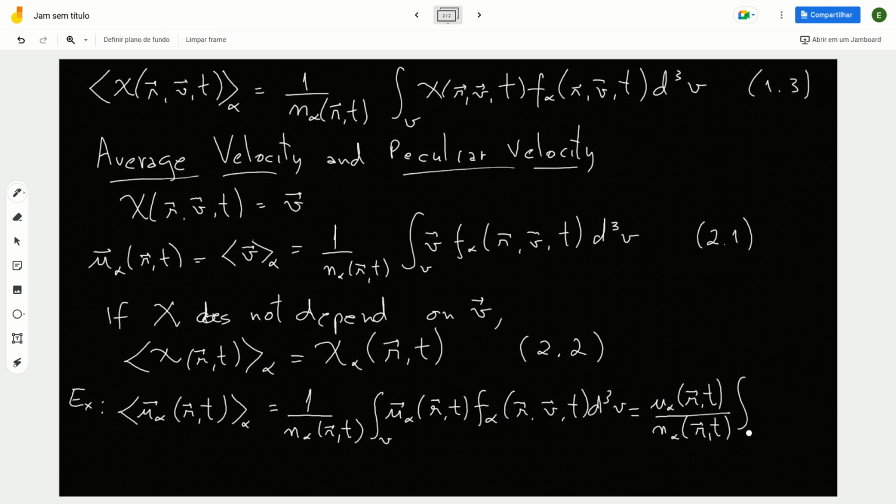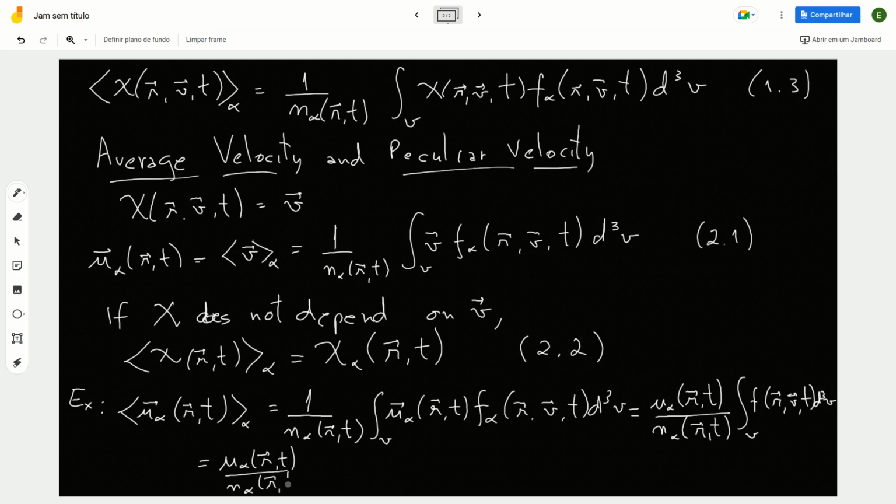And then there's just the integral of the distribution function, d3v. These are vector quantities, right? And this is just n. N is actually the integral of the distribution function. So we end up with this.